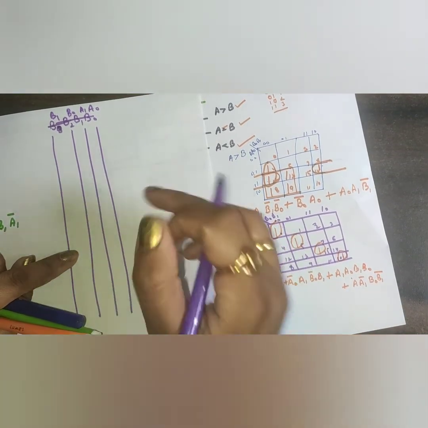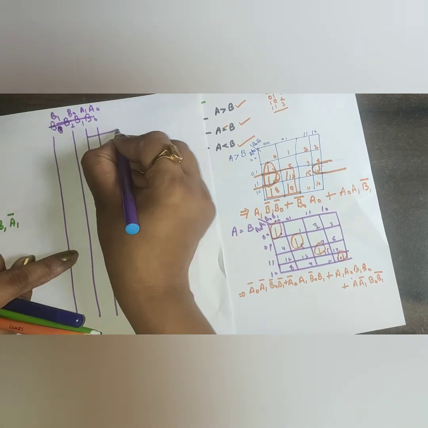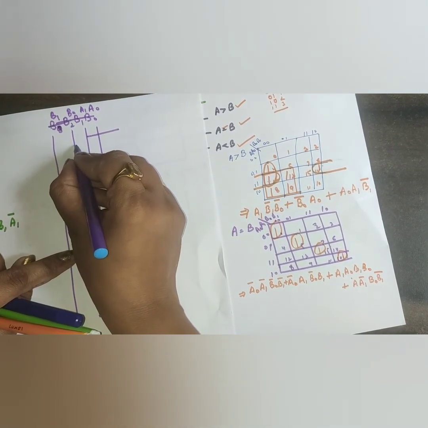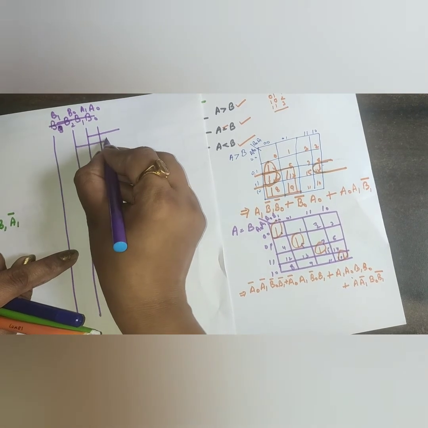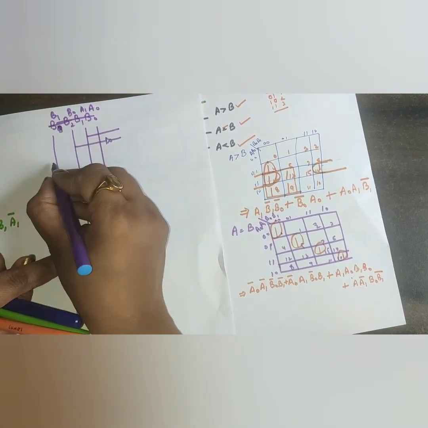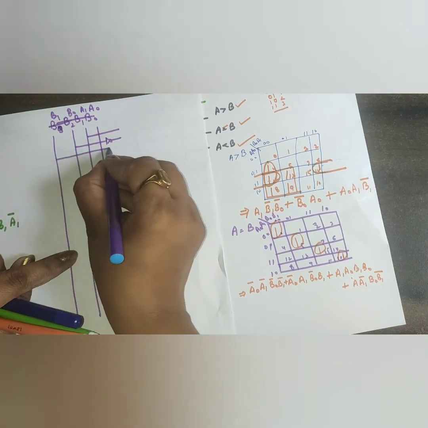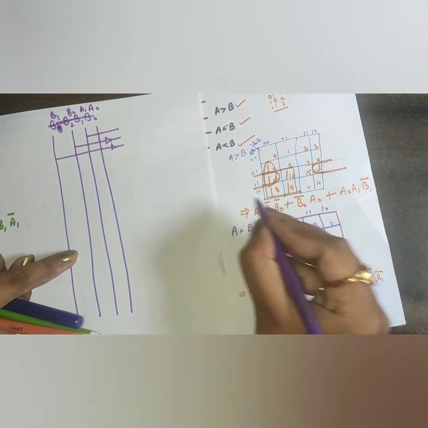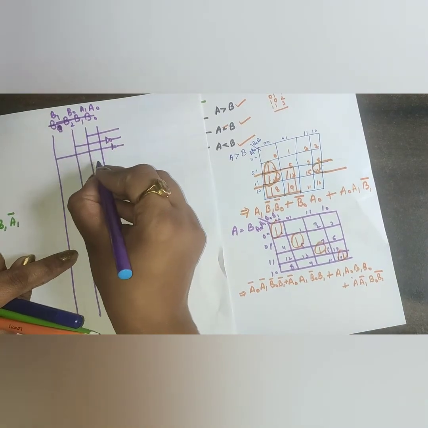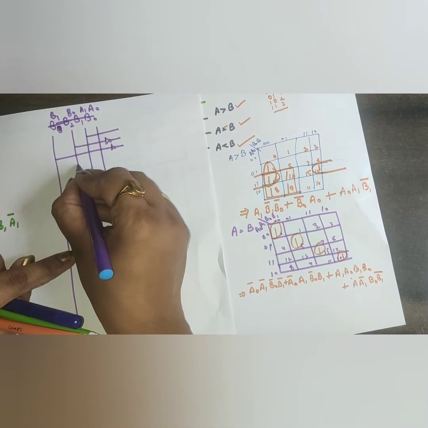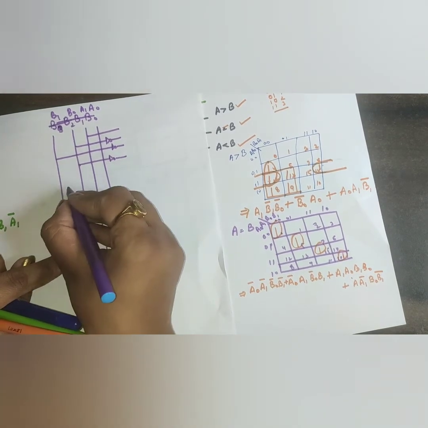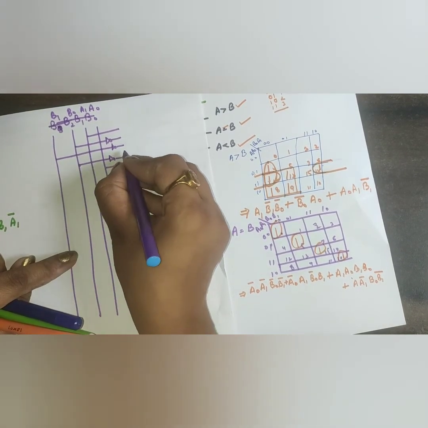Okay. Now for A greater than B: A bar, A1, B1 bar, and this will go like this, B1 bar, and this will go like this, and the other is B0 bar, B0 bar, this will go like this, B0 bar, and A0 like this.